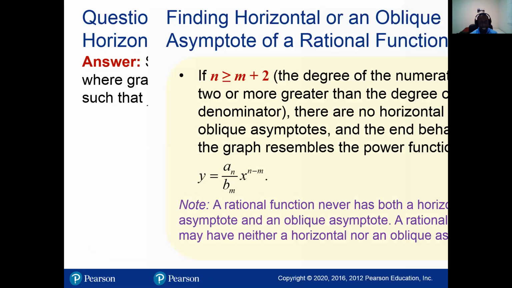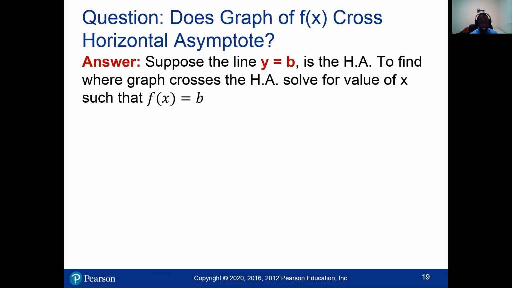Now let's take some examples. Before we take examples, remember I mentioned the graph may cross the horizontal asymptote. So does the graph cross the horizontal asymptote? And how do we answer that? Suppose the line y is equal to b, where b is a constant, is a horizontal asymptote. To find where the graph crosses the horizontal asymptote, solve for the value of x such that f of x is equal to b.